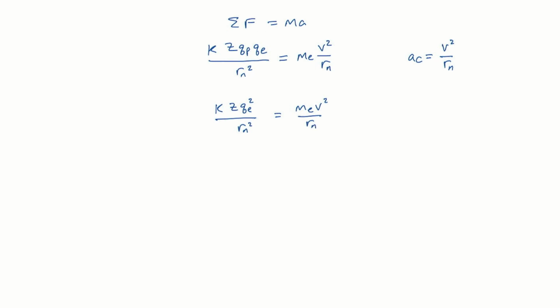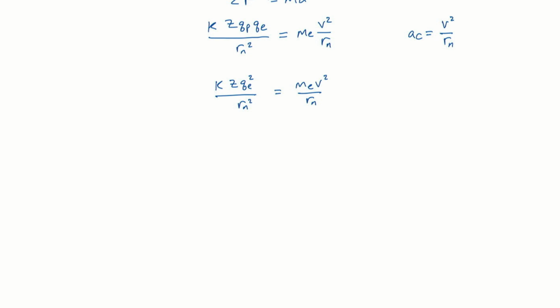Okay, now we're going to solve the angular momentum L, which is equal to M sub E times V times R sub n. That is equal to N times H over 2 pi.